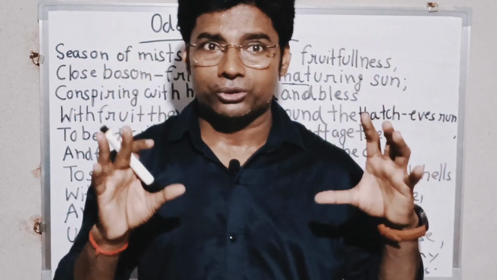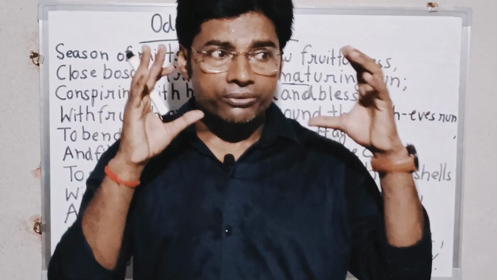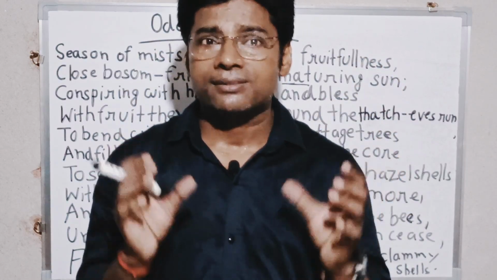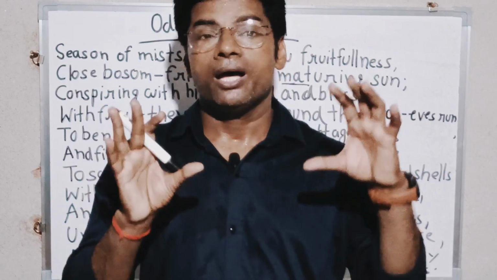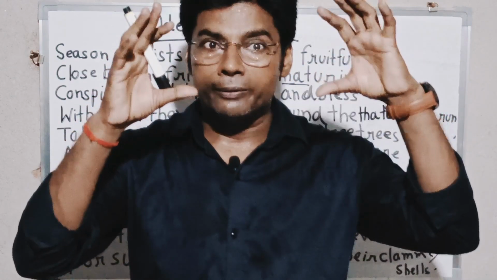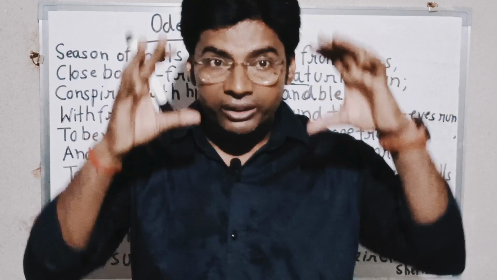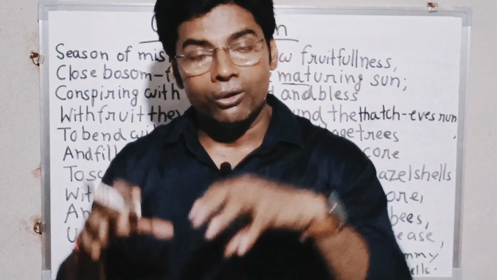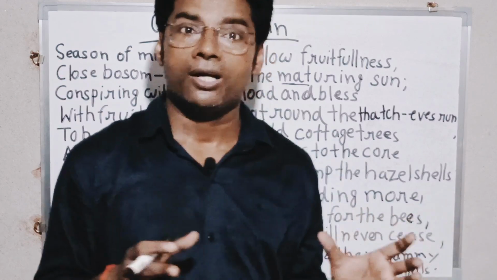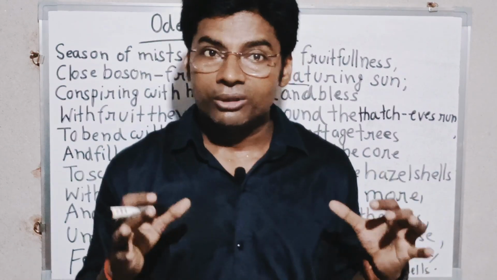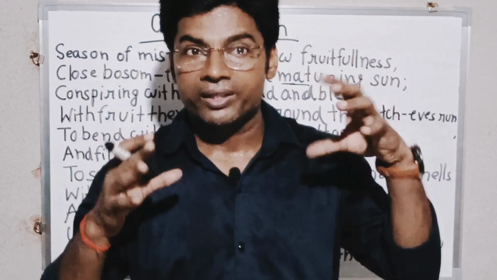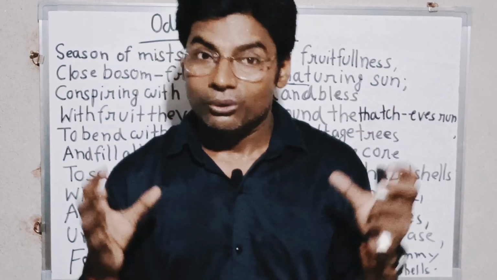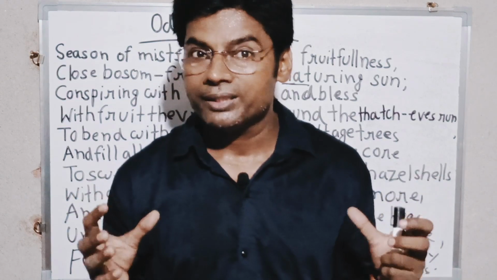There are so many fruits, or the fruit has come to the branches of the tree in such abundance that almost all the branches of the trees have come down and are almost touching the ground. All because of the heaviness, and all because of the load of the fruit, my dear learners.